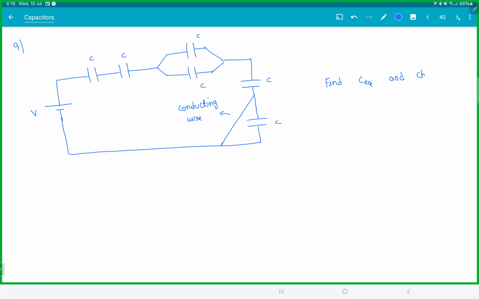Now again, understand that when I say charge on each capacitor, I'm not talking about total charge. Total charge is 0. We're finding the charge on the inside of the positive plate. Find the charge on the capacitors. Let's see how you will do this.